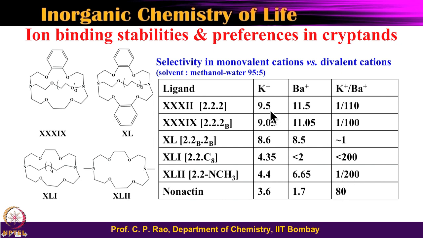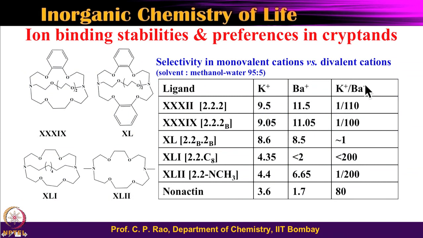So now what we are trying to look at is that the ion binding properties, preferences are dependent on how many ligating centers are there, what is the core size of the molecule, and whether the exterior is hydrophobic, hydrophilic, partially hydrophobic, partially hydrophilic, and therefore these all determine the selectivity among the monovalent cations, and among the monovalent versus divalent as shown in this particular case.